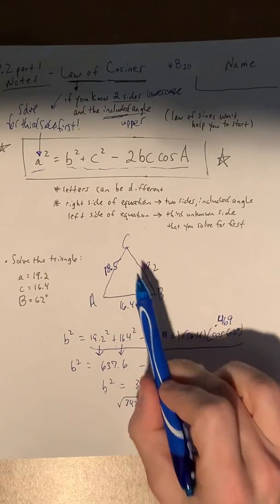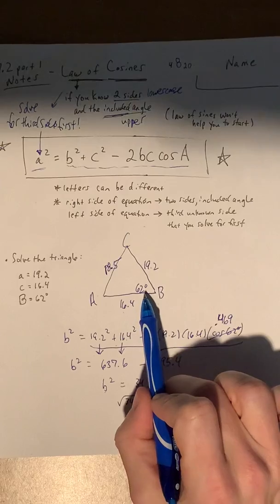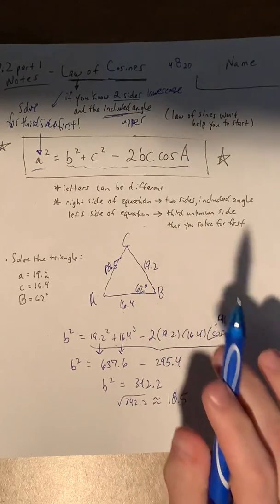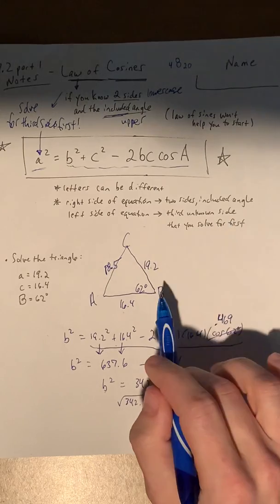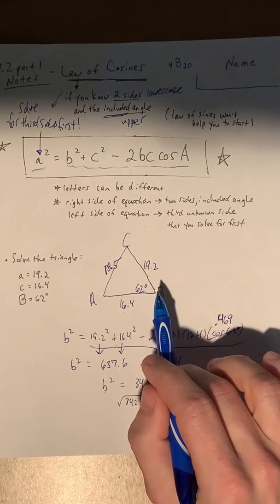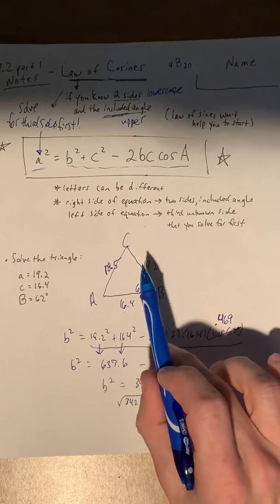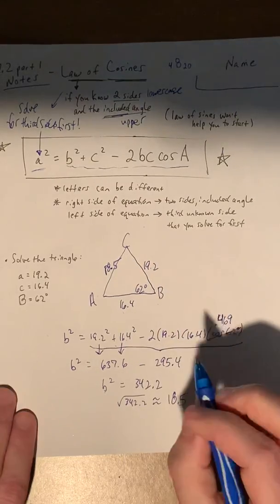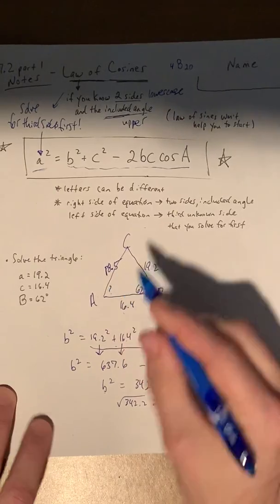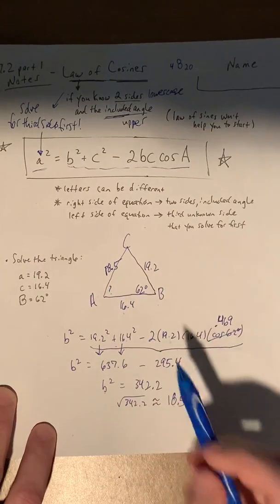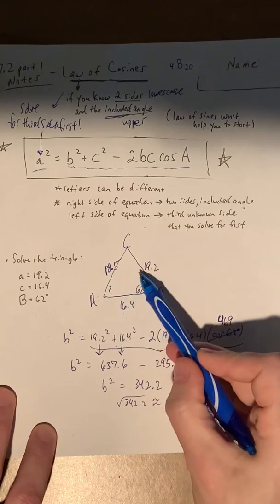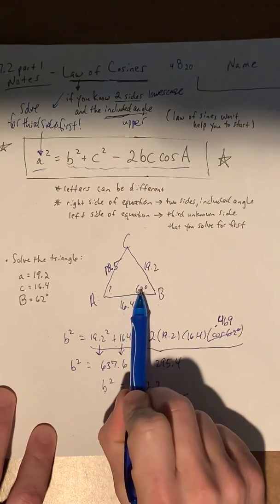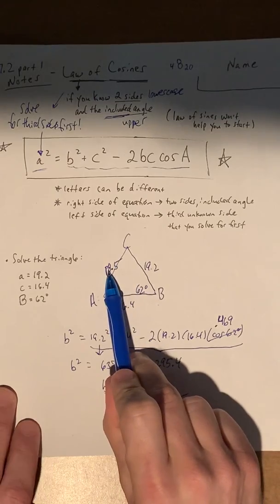Now, we need these 2 angles. We have 1 angle. We're going to now use the law of sines, from 7.1, the simple law of sines formula, to solve for one of these 2 angles. It does not matter which one you go for. Let's just go for angle A here. So angle A across from 19.2, and you're going to use 62 degrees across from 18.5.